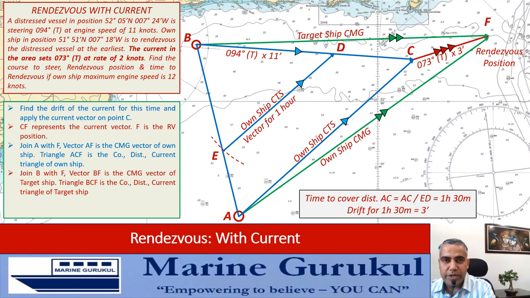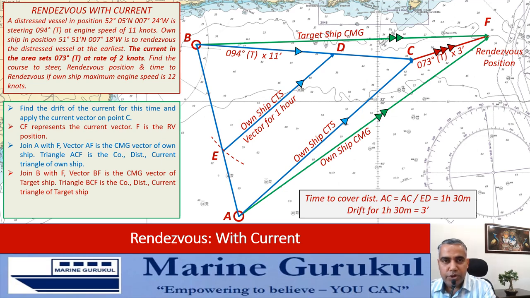The time to rendezvous is obtained as we have done earlier by dividing AC, Alpha Charlie, which is the total engine distance to be covered by own ship, by our engine speed of 12 knots as calculated earlier. It is 1 hour and 30 minutes.